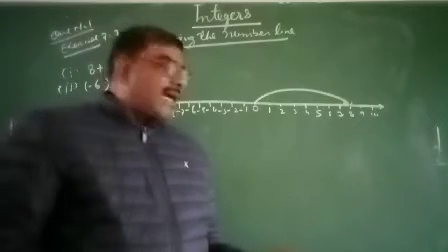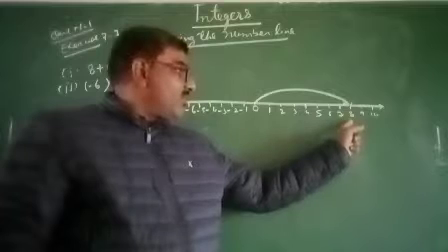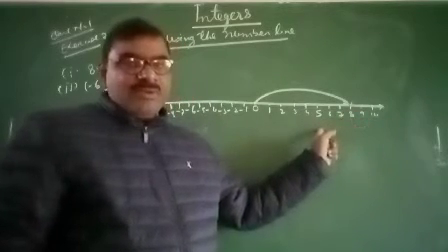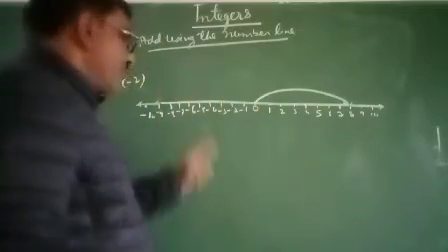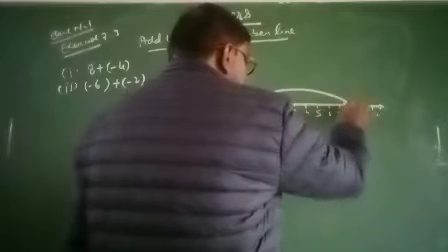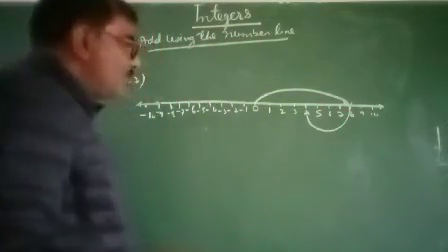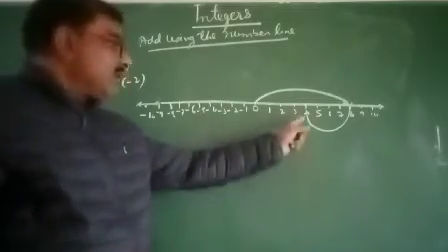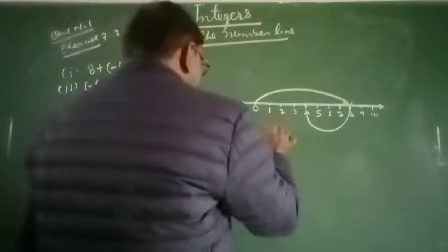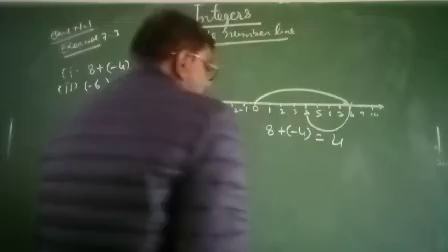So I will move left 4 steps from 8 because here is minus 4. So 1, 2, 3 and 4, and reach at 4. So this number is 4. It means 8 plus minus 4 is equal to 4.